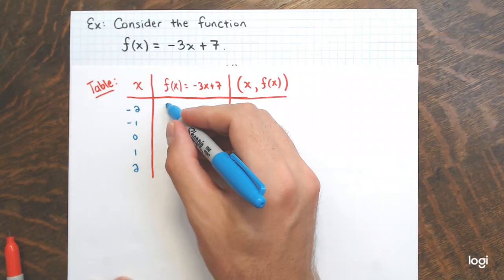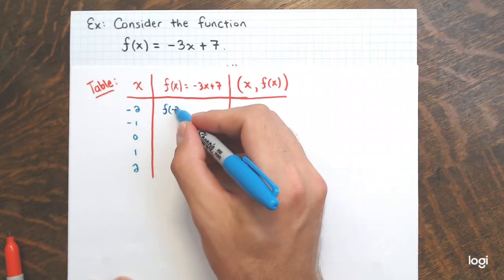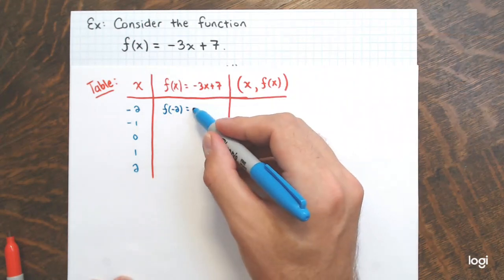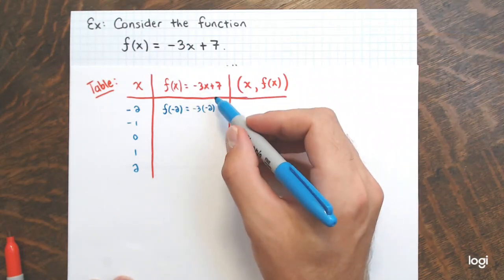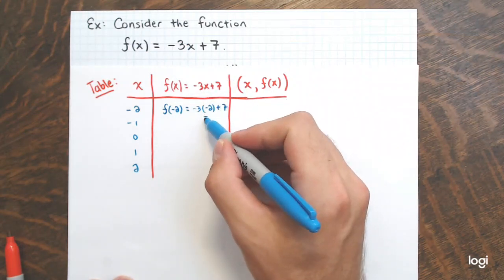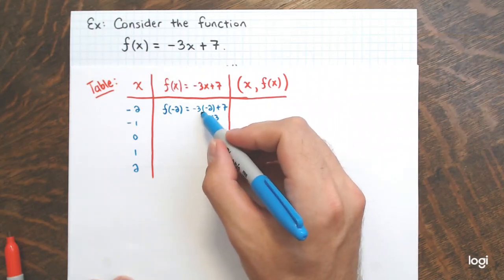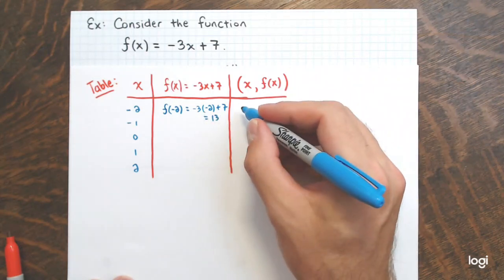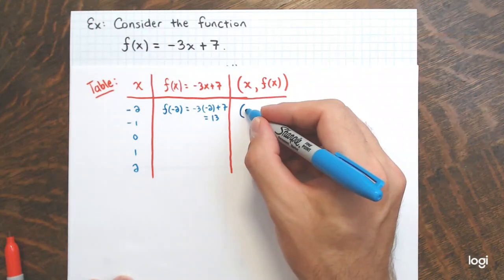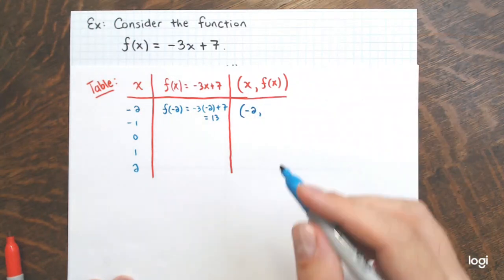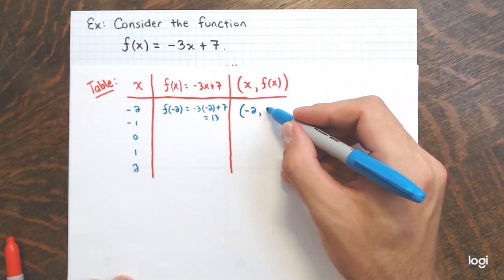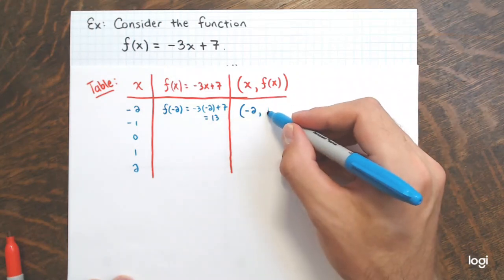All right. So the first one, what is the value of f at -2? Well, that's -3 times -2, just replacing the input x with -2, and then plus 7. That's 13, right? Because that's +6 plus 7, 13. So my ordered pair, the point I'm plotting on the graph, will have an x-coordinate input -2, and the value of f at -2 we saw was 13.